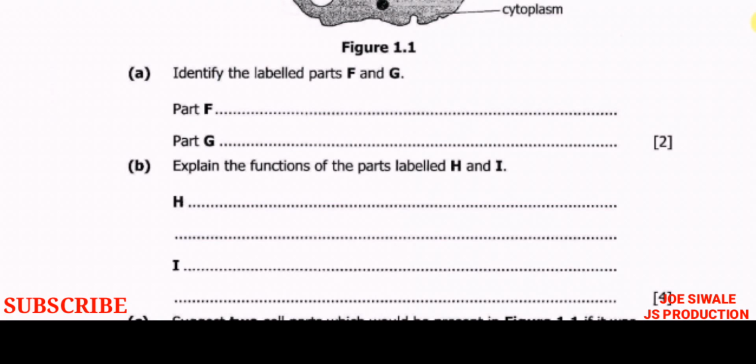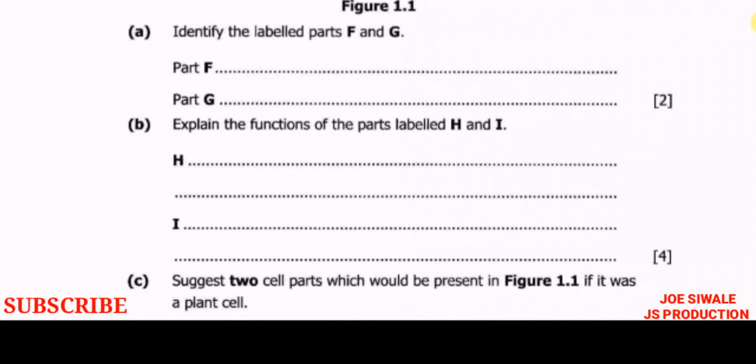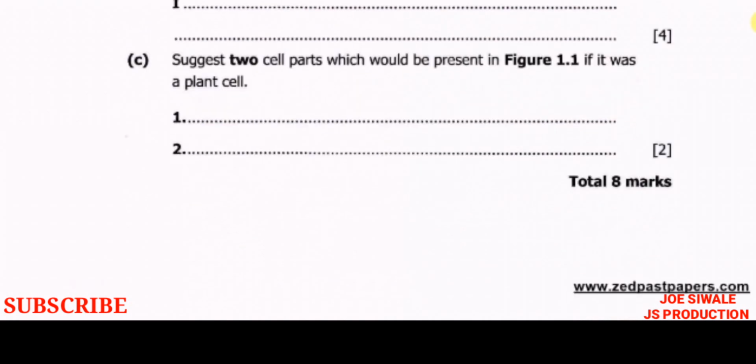Then question B reads, explain the functions of the parts labeled H and I. And the total marks of this question is 4 marks. So this means H is carrying 2 marks and I is carrying 2 marks. Question C reads, suggest 2 cell parts which would be present in figure 1.1 if it was a plant cell.